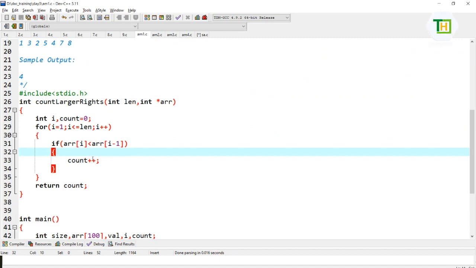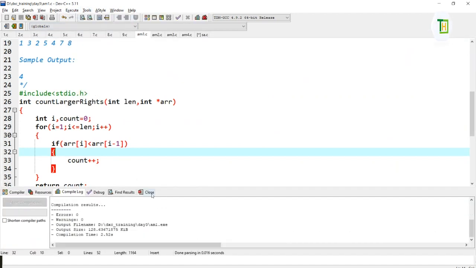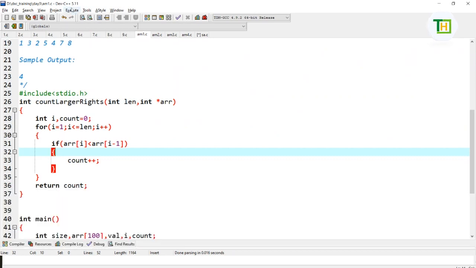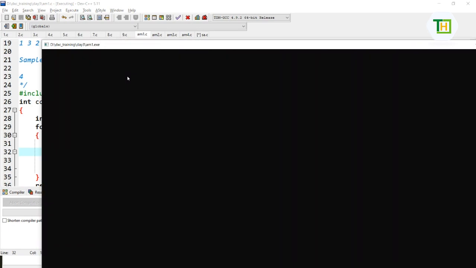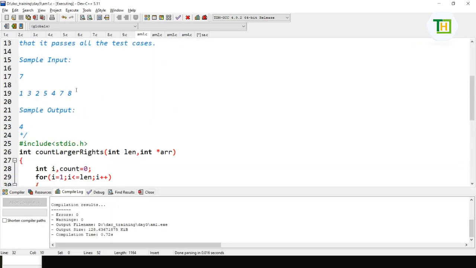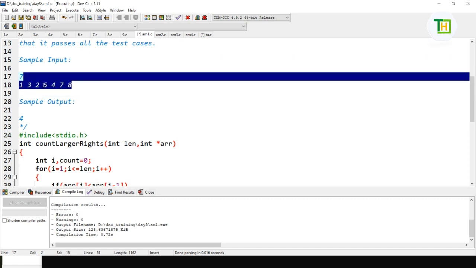For example, if I'm going to execute it, there are no errors. I'm going to run it. For example, I'm going to give the same input. If I give the same input here, this is a logical error, not a compilation error.